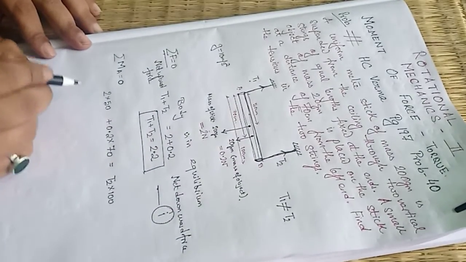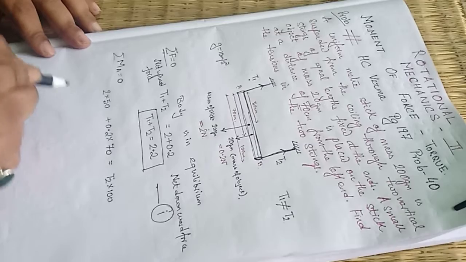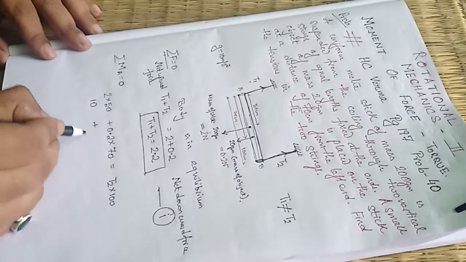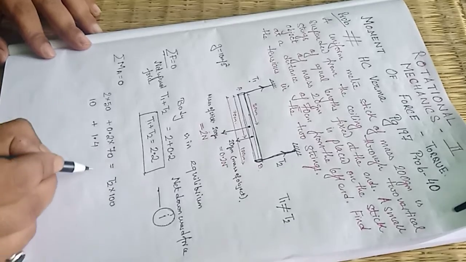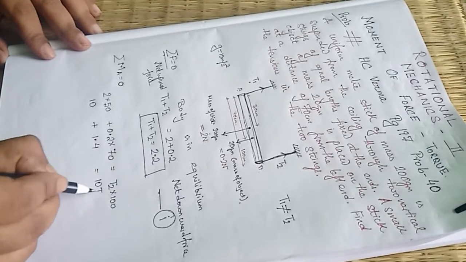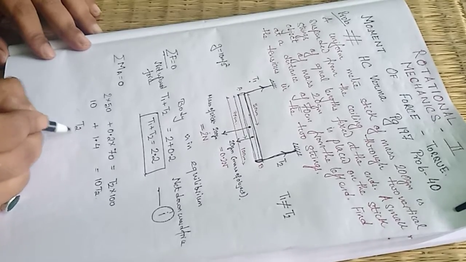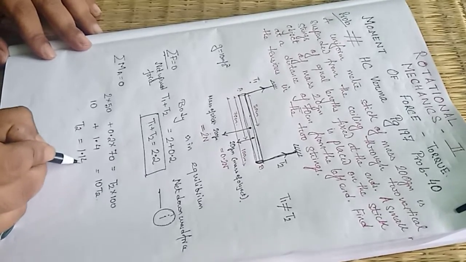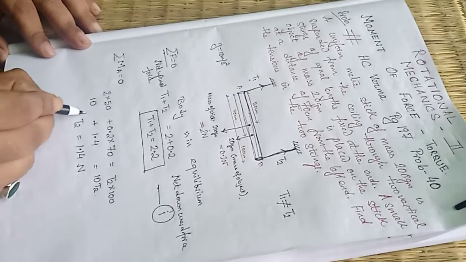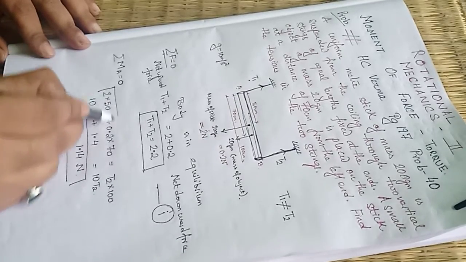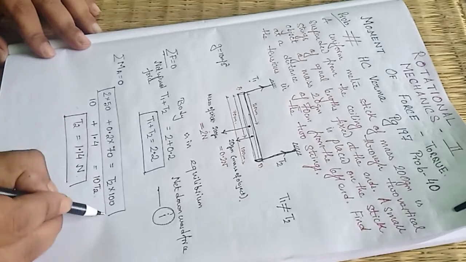From here we can write 100 plus 14 equals 100 T2, or 10 plus 1.4 equals 10 T2, or T2 equals 1.14 Newton. We should remember that this is our second equation.